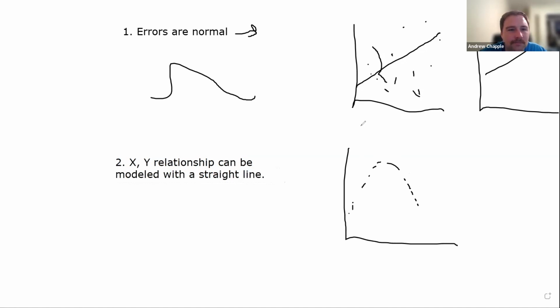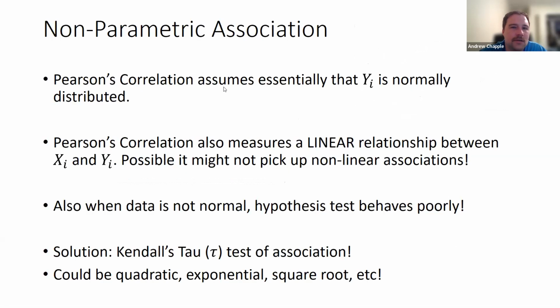Maybe it's quadratic. So again, there are ways to fix this in the settings we talked about, but one easy way is just doing a non-parametric method. So again, Pearson's correlation assumes it's normally distributed and there's a linear relationship. So it might not pick up nonlinear associations. And when your data is not normal, the hypothesis test behaves poorly.